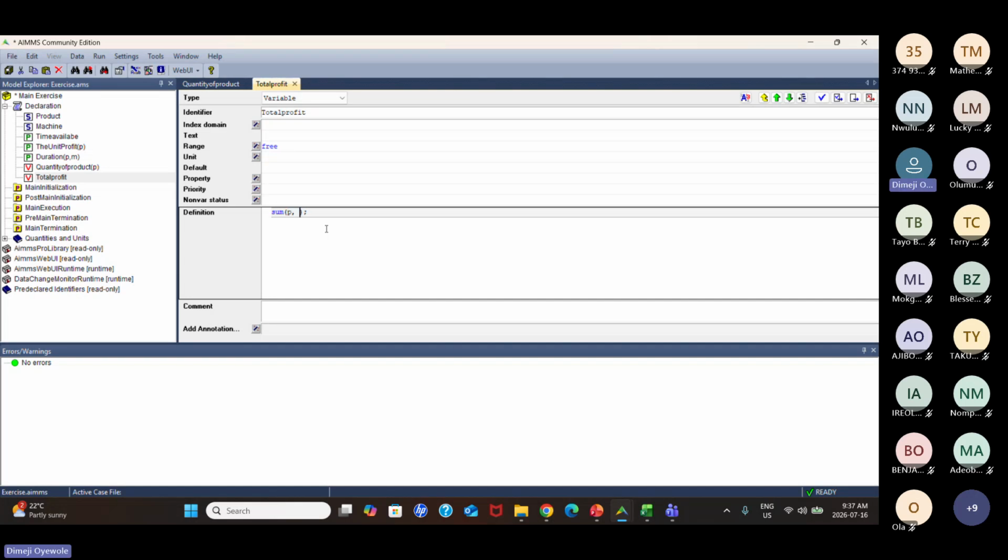But the profit is the product of the unit profits and the quantity of products. That is the way to write the total profit. So you have profit from product one, which is quantity of product times unit profit. For product 1, 2, 3, 4, 5 to 7, you add them together. So basically you have this.